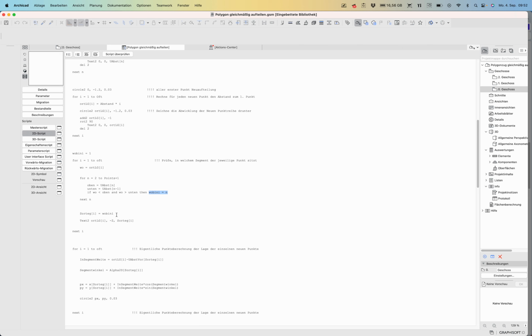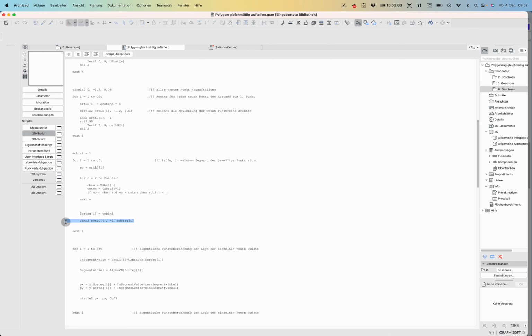And then I gave it in the next parameter following. So I had for every point in which segment of the original polygon it is.